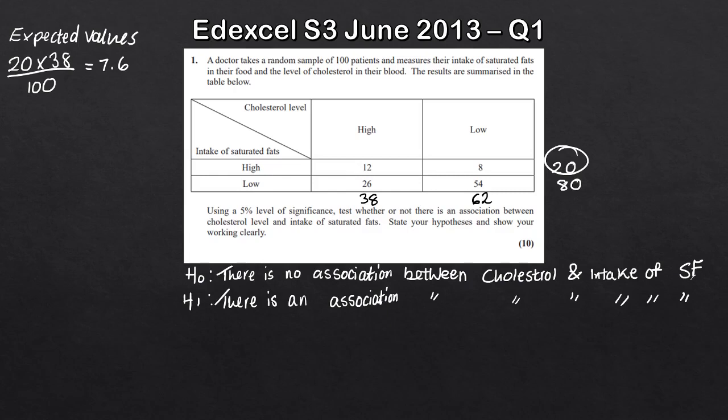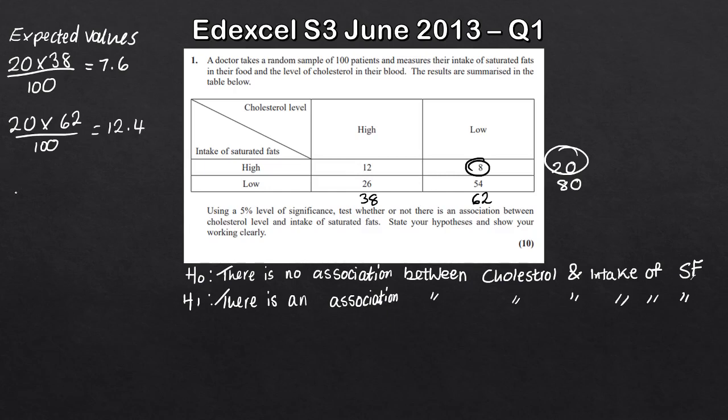Obviously, we need to do this 3 more times for all 4 possible values. So the next one will be 20 times by 62 and divide that by 100. So this corresponds to this one here now. That's the one I want to work out. So we use that row total of 20, we times it by the column total 62, divide it by 100, and we get 12.4.